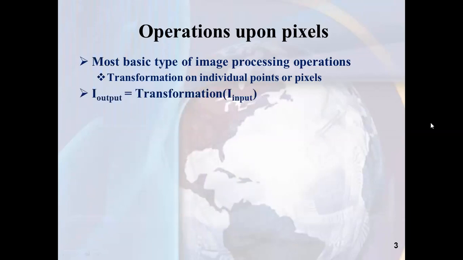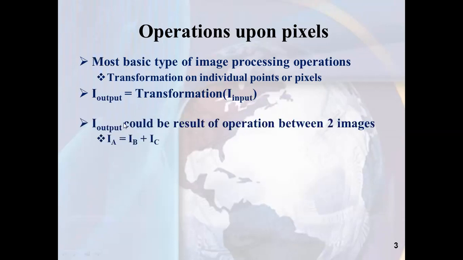In this case, we take the intensity of the input pixel, which is the original image, and we apply the transformation, and we obtain the resultant image, where the intensity of the output image is just the value of the transformation of the intensity of the original pixel.